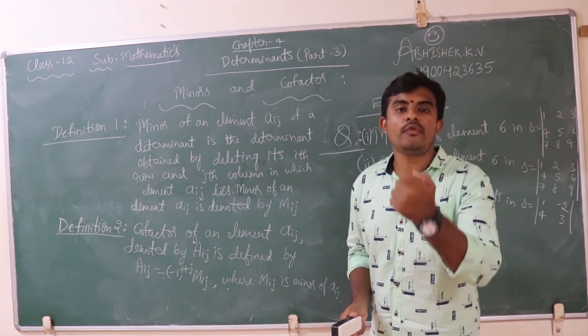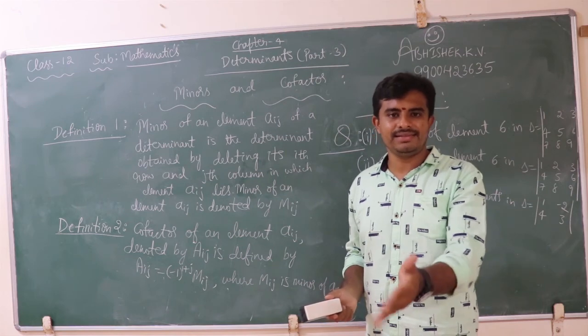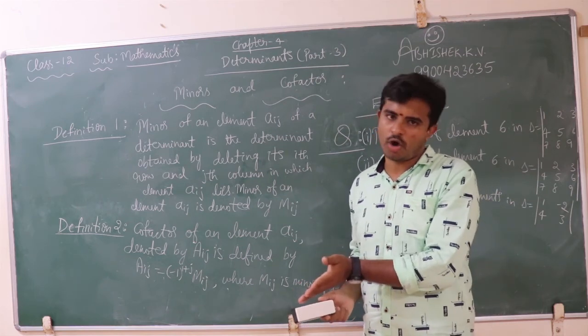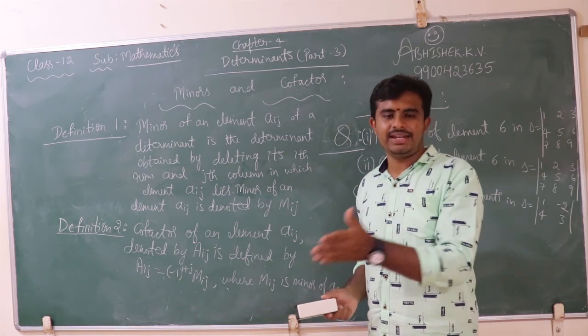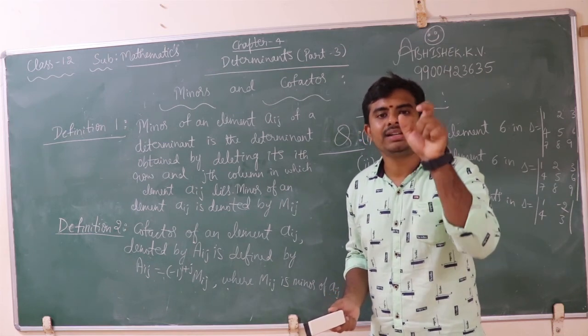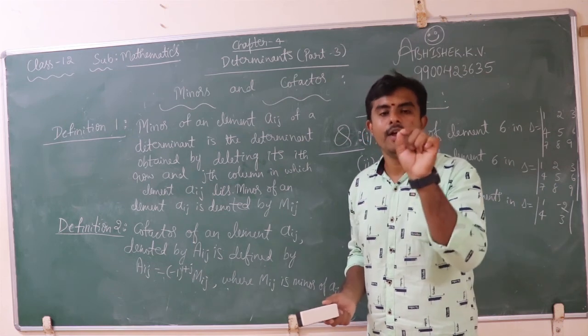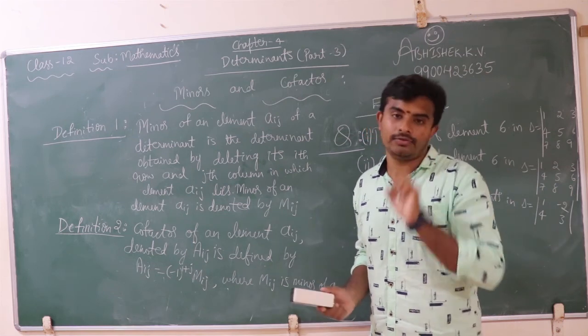Say that element is Aij. I means row, J means column. If it is A11, we need to find the minor for the first row, first column element of the determinant.